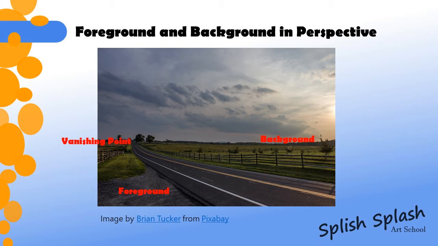The tree line in the back, it's fuzzy. You can't really tell if those are trees. We're assuming that they're trees, but they could be something else. And then you have the grass and those animals maybe back there. That's part of your background. So that's what we're going to do today. Foreground, background, and our perspective drawing.